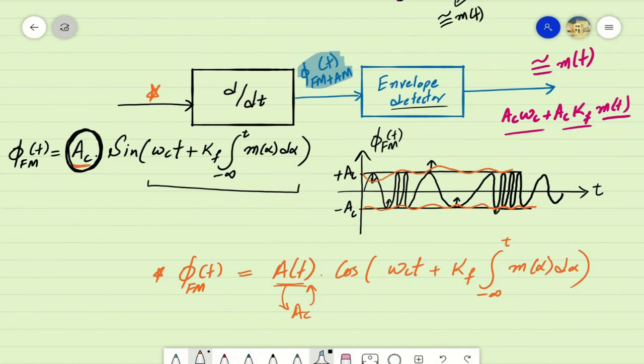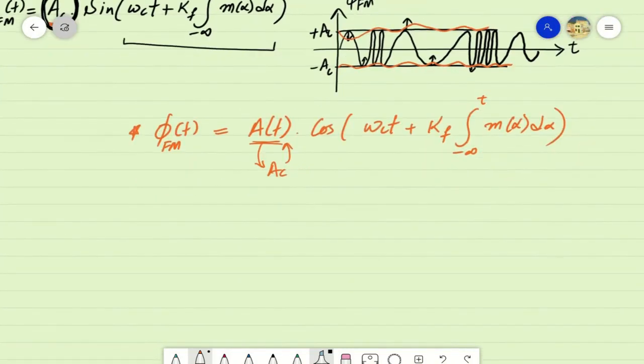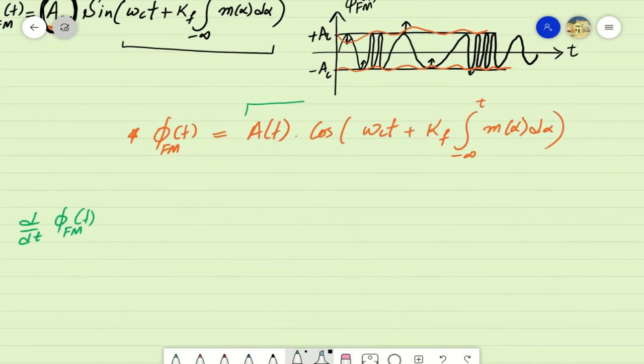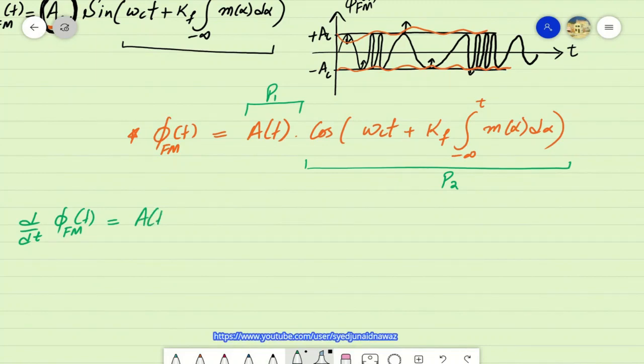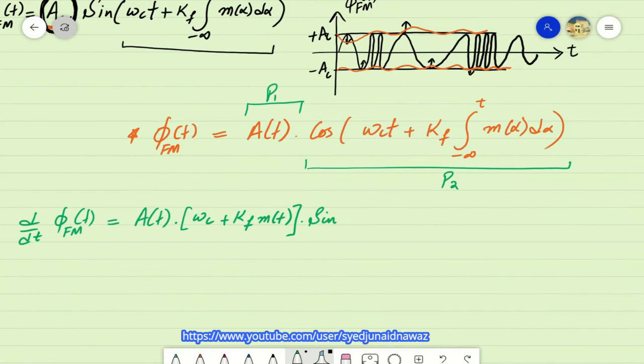If such a signal is passed through the derivator, the expression has two parts which are functions of time. Therefore, the derivation by parts will be applied to obtain the derivative of this signal. That is, the first part in its original form multiplied by the derivative of the second part, plus the second part in its original form multiplied by the derivative of the first part.